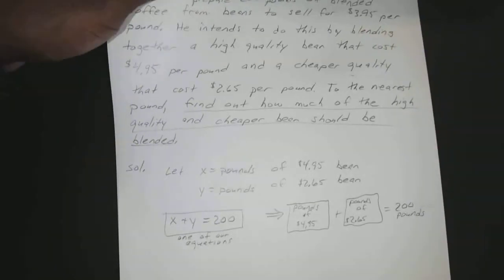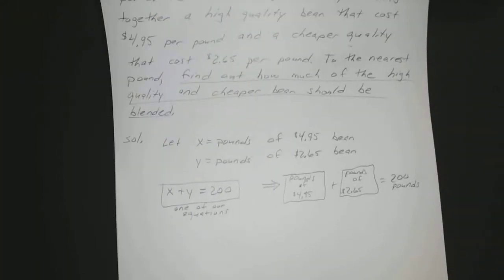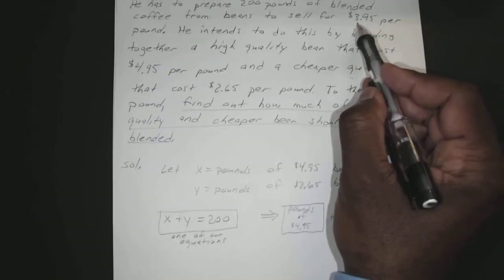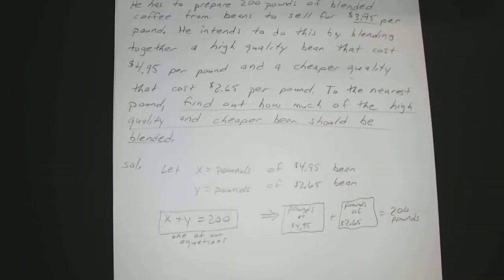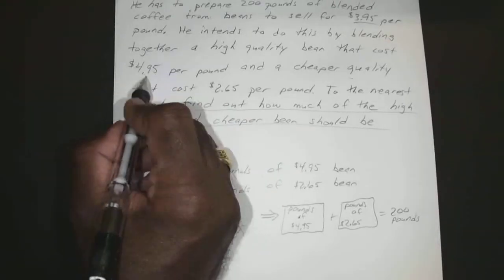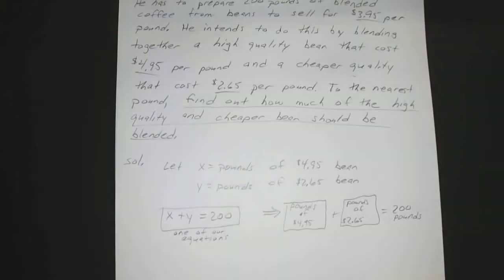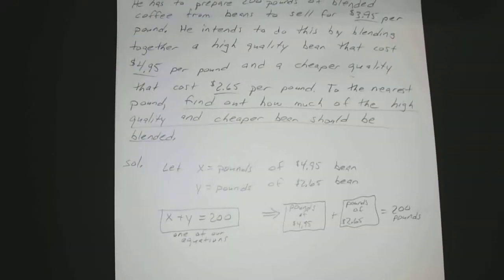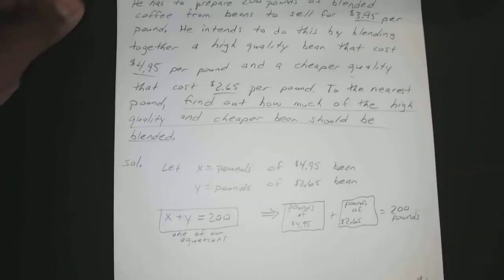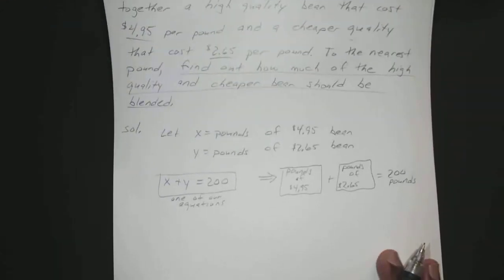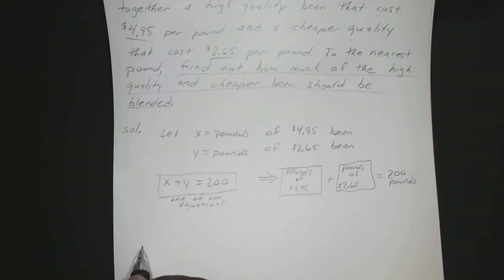Now, using the fact that you have the $4.95 and $2.65, we can now create our second equation. And that's where drawing the other diagram comes in handy.